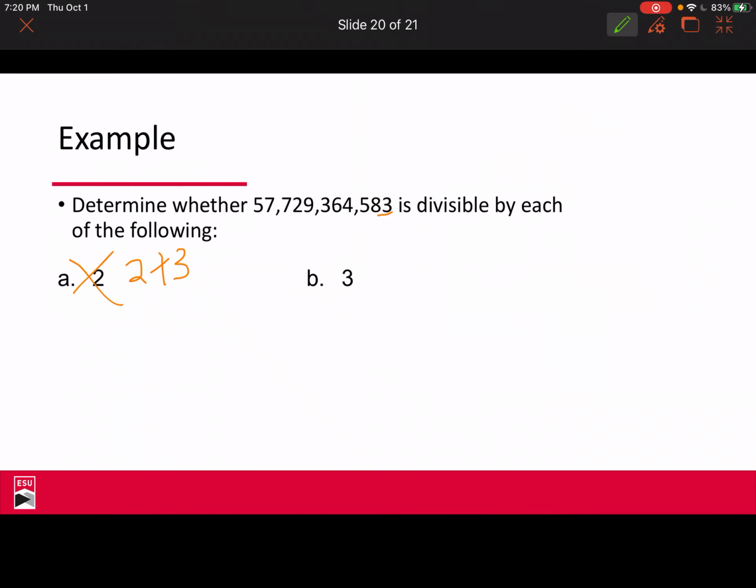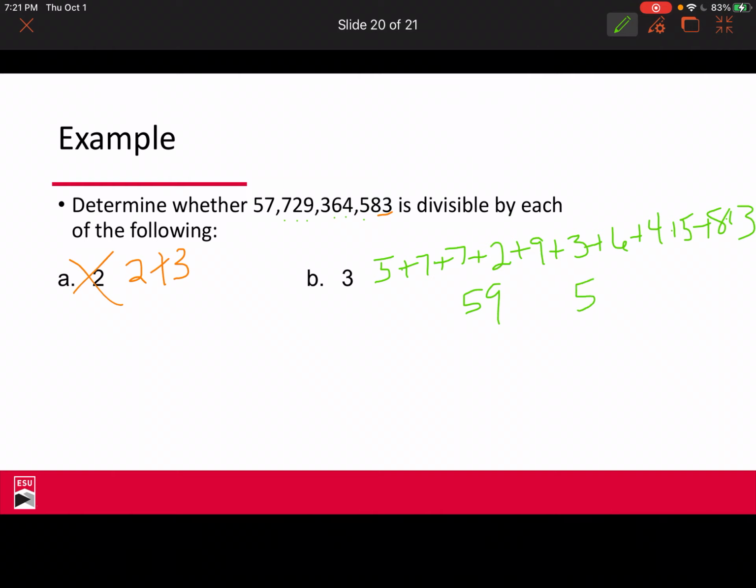Unfortunately, I've run out of colors. But now we need to know if it's divisible by 3. So we need to take the sum, 5 plus 7 plus 7 plus 2 plus 9 plus 3 plus 6 plus 4 plus 5 plus 8 plus 3. So we have 5 and 7 is 12, 19, 21, 30, 33, 39, 43, 48, 56, 59.